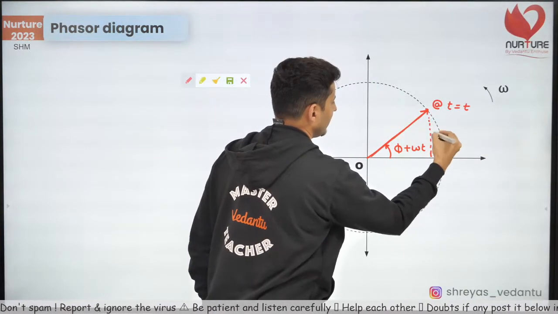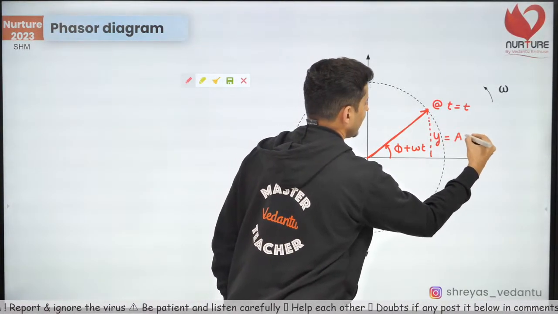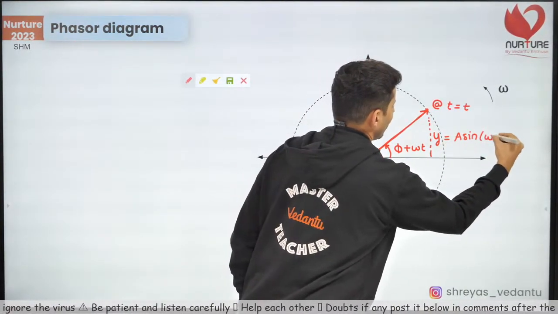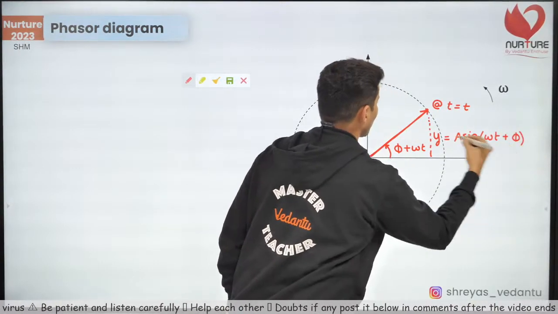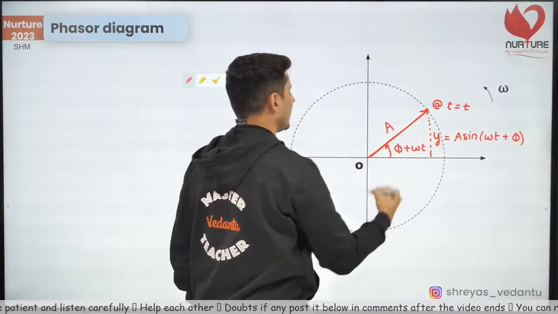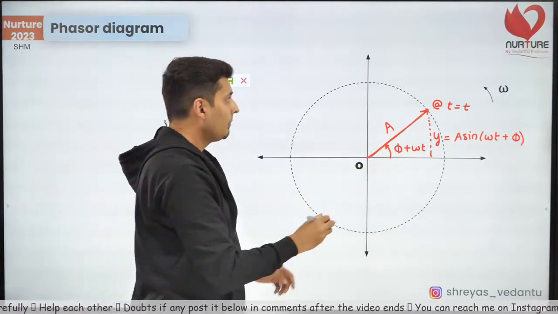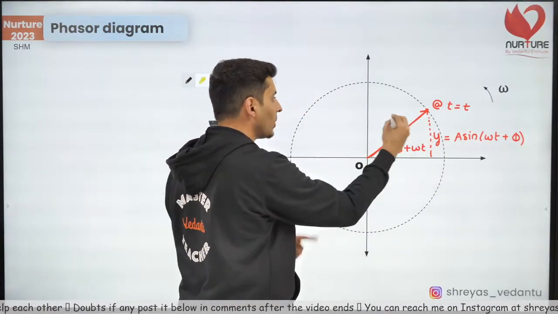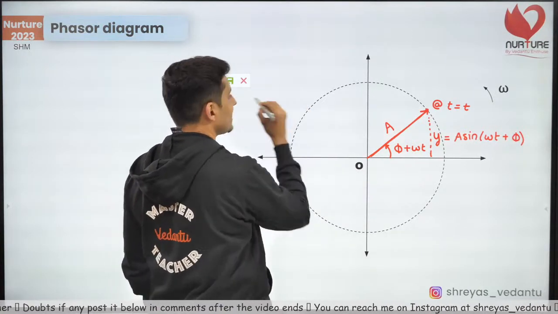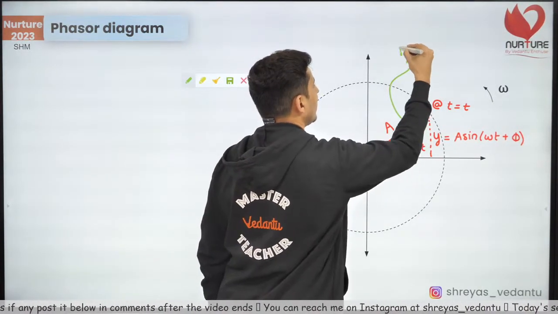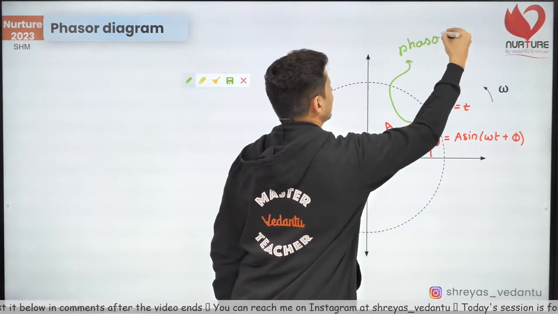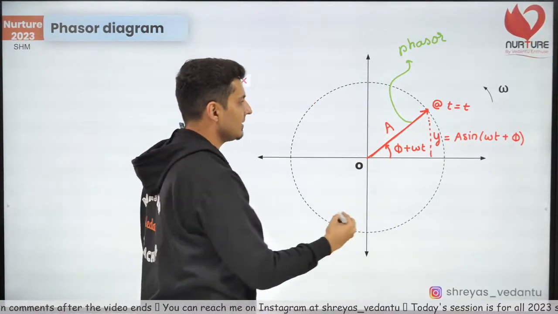This height, like we know, is y, which is a sine omega t plus phi, and this is nothing but a. This diagram is called phasor diagram. This arrow mark which is rotating, this is called as your phasor.